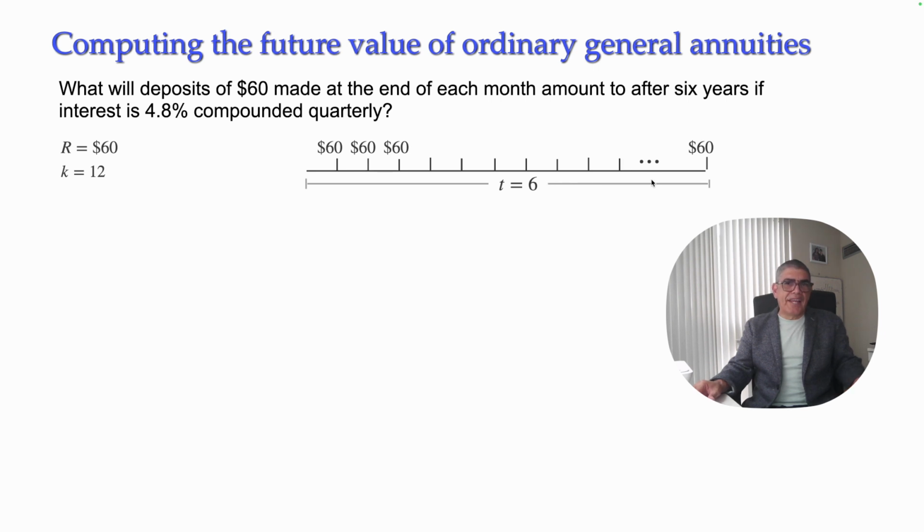So I can compute N. N will be 6 times 12. I compute N as the term in years multiplied by the number of payments per year. It will be 6 times 12, that gives me 72. So we have 72 payments, so we know N equals 72. We also know that the rate of interest is 4.8%, compounded quarterly.